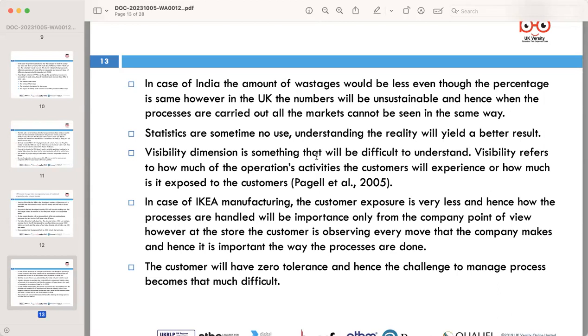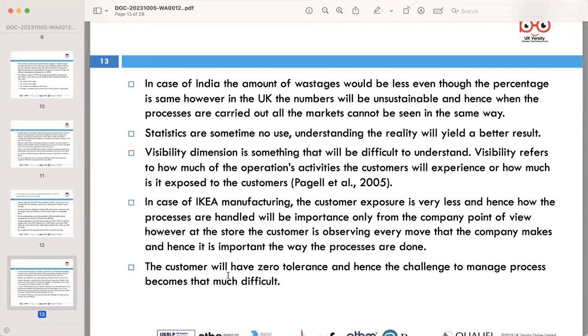Visibility dimension is something that will be difficult to understand. In the case of IKEA manufacturing, the customer exposure is very little, and hence how the processes are handled will be important only from the company's point of view. However, at the store, the customer is observing every move that the company makes, and hence the way the processes are done is important.